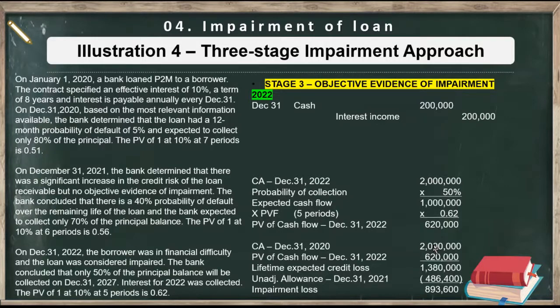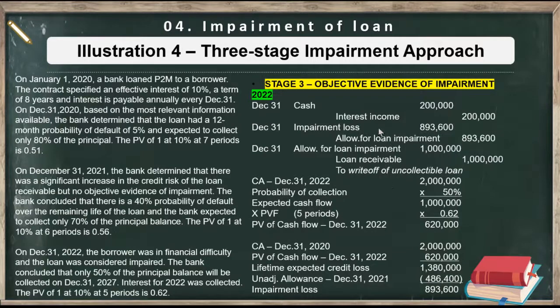So therefore the impairment loss would be 893,600. So debit impairment loss 893,600 and credit allowance for loan impairment 893,600. And then we also have this uncollectible loan.